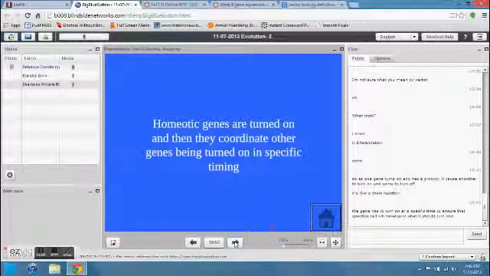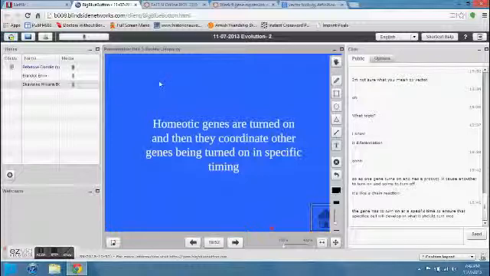Yeah, this is the answer right here. So you're right in your thinking, but gene cascades happen within a single cell. Like Shivani wrote on the side, one gene turns on, which starts with a homeotic gene, because it's the master switch, right? As the homeotic gene turns on, it produces a product, and that product goes down the line to another gene and causes it to turn on.